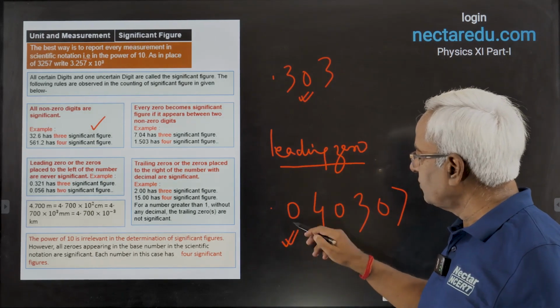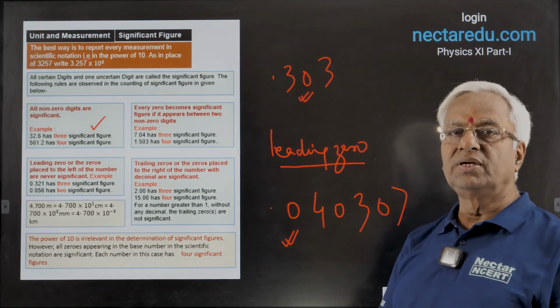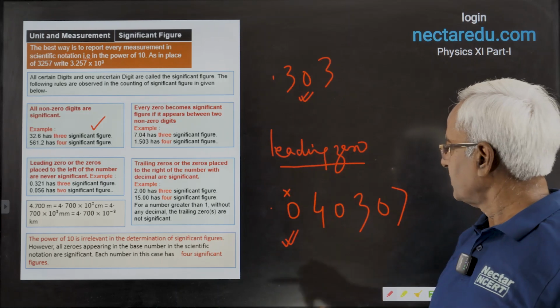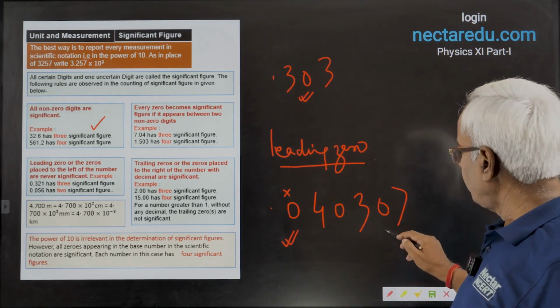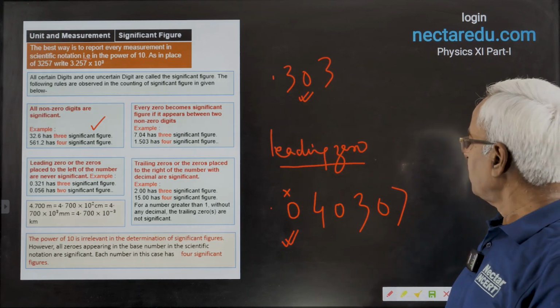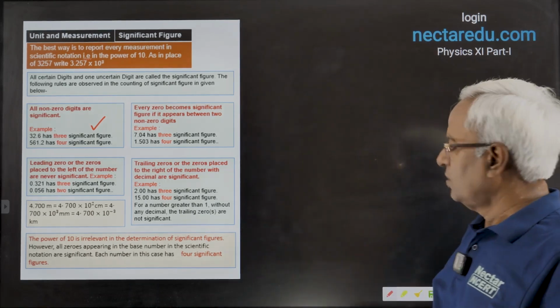These are leading zeros. Leading zeros will never be counted as SF. So here they are not counted as SF. 1, 2, 3, 4, 5. 5 SF are here.